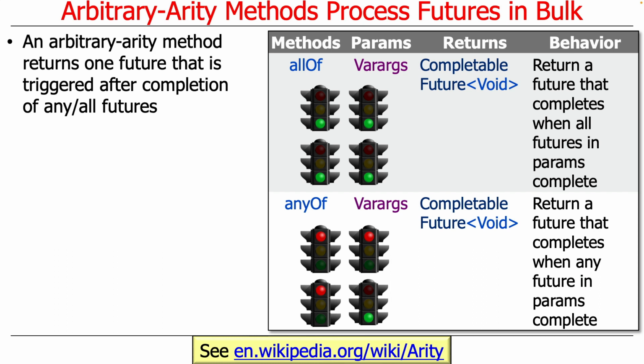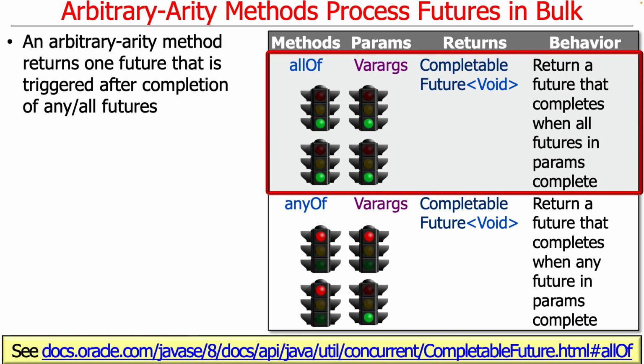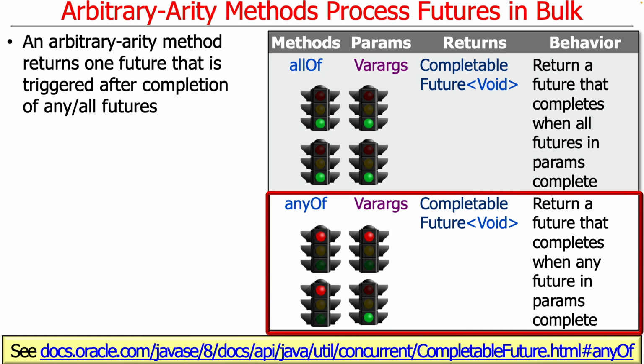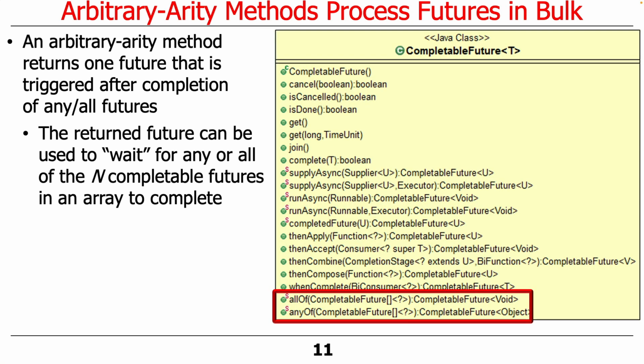I had lots of fun trying to come up with ways to visualize that. And I asked ChatGPT to do it for me, and it got confused and generated all kinds of gobbledygook. So I finally thought, well, I'll do it the old-fashioned way. I'll just use stoplights as a metaphor. So that's allOf, waits for everything. anyOf waits for the first thing to finish.